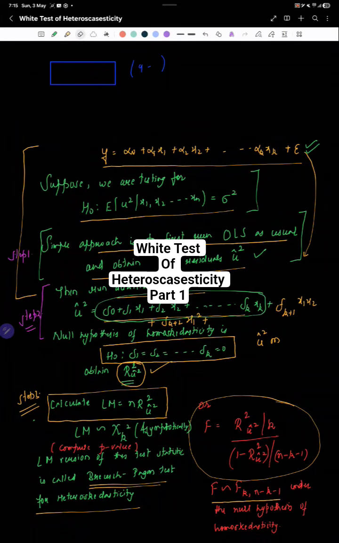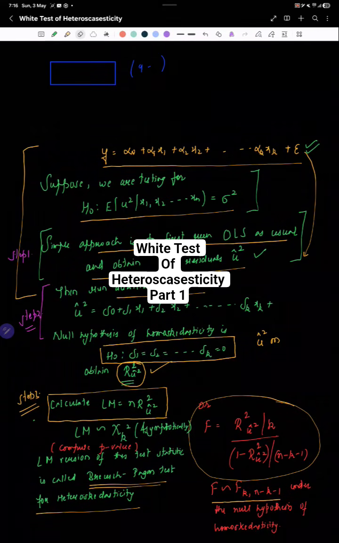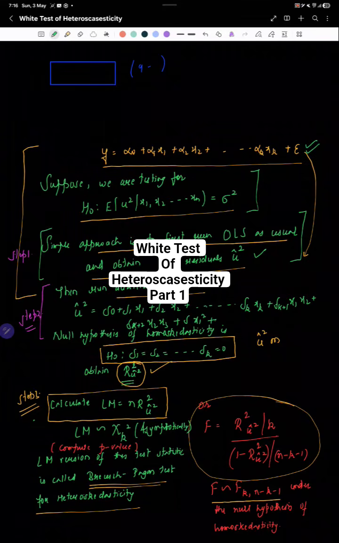In White's test, we will run a regression of this form plus a few more variables: x1, x2, x3, with coefficients delta k+1, delta k+2, x1 square, delta k+3, delta k+4, x2 square, and the cross terms x1 x2, x2 x3, and then their squared versions in this regression.